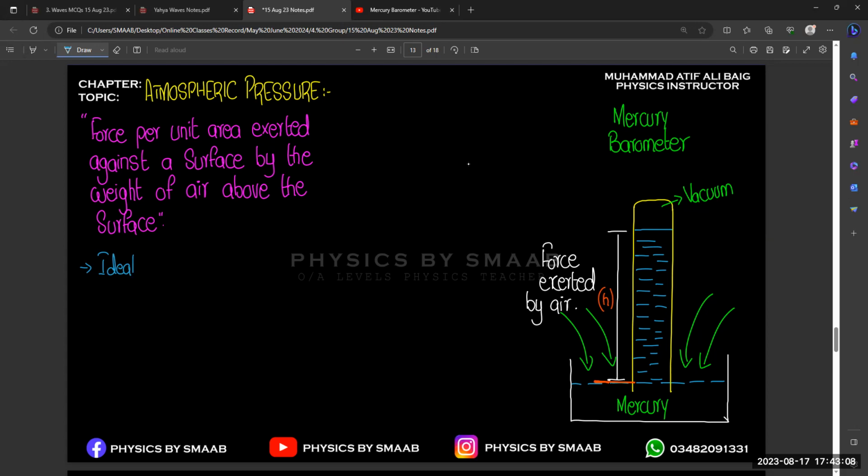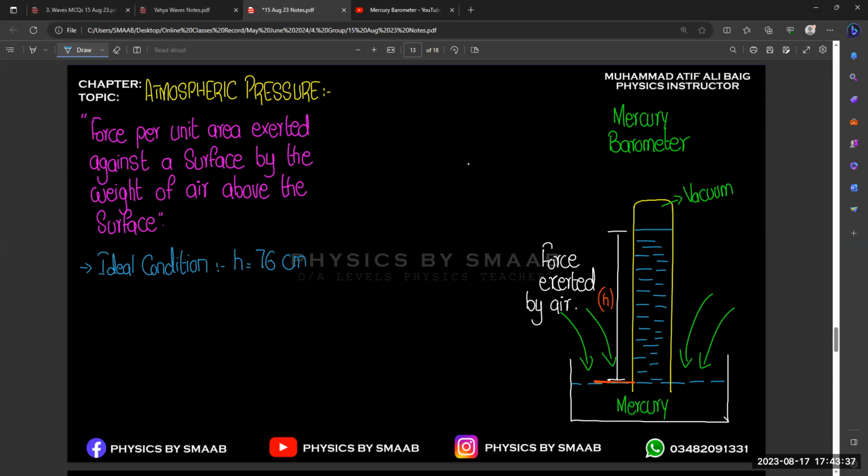The exact value, the original value for atmospheric pressure, that is the height we are going to get for atmospheric pressure with the help of the mercury barometer. So in ideal condition, we can say that the value of h will be equal to 76 centimeters, right?